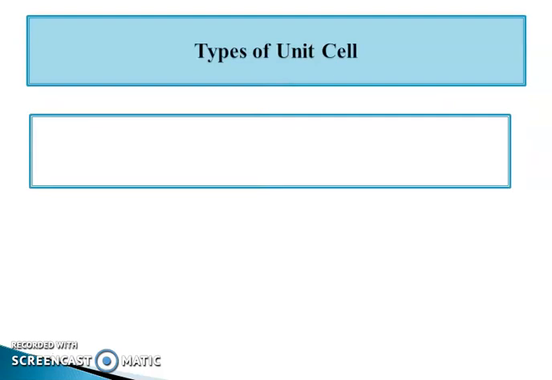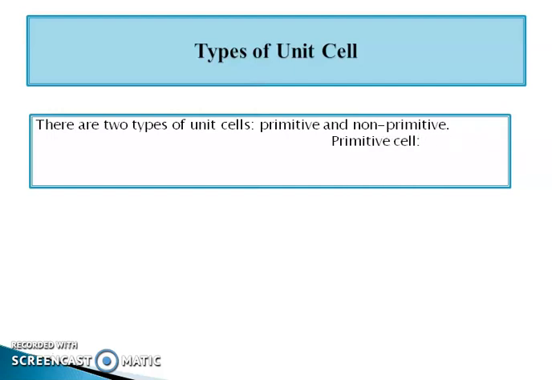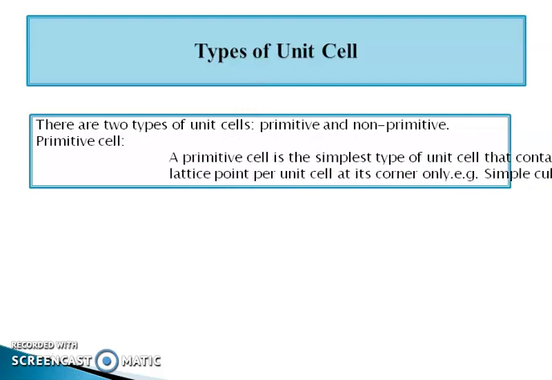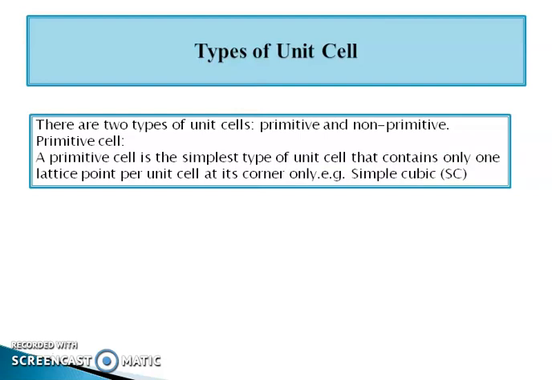These unit cells are again classified as primitive and non-primitive unit cells. First, the primitive unit cell or just a primitive cell. It is the simplest type of unit cell that contains only one lattice point per unit cell at its corner only, and its example is simple cubic.